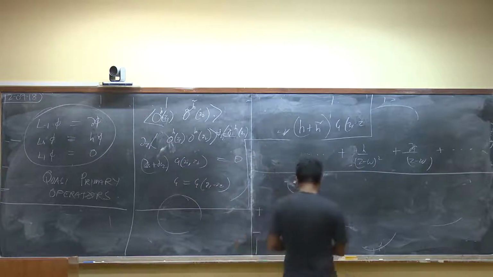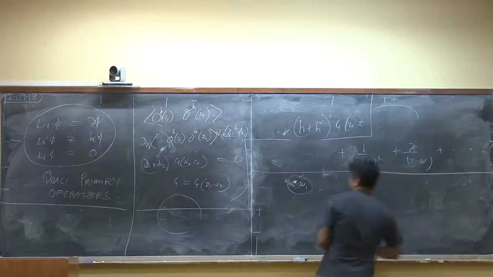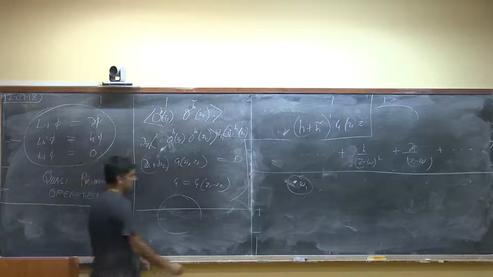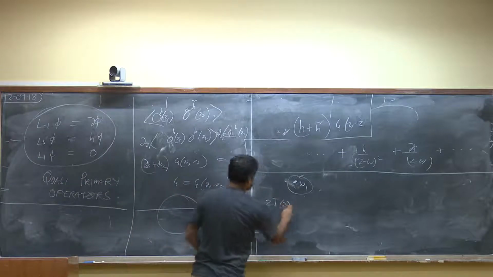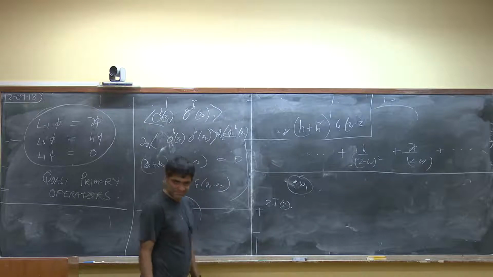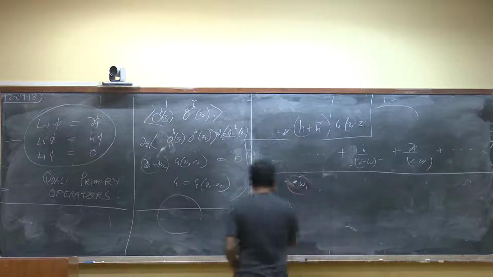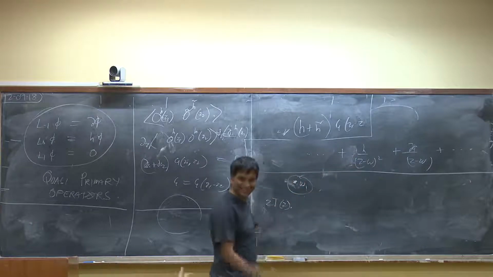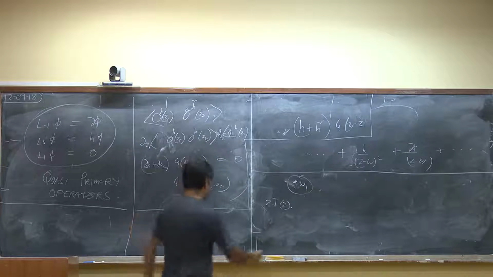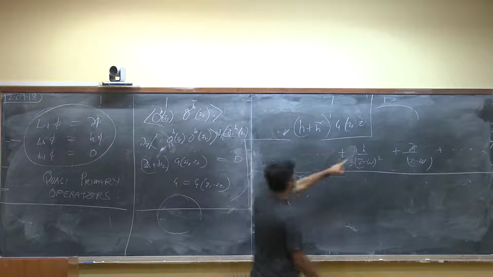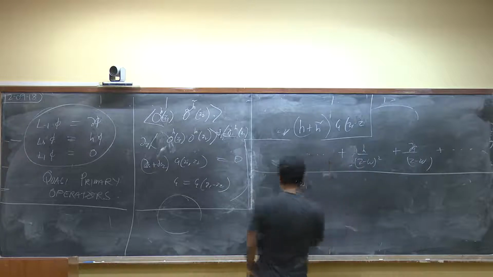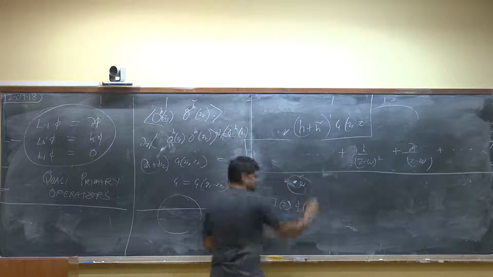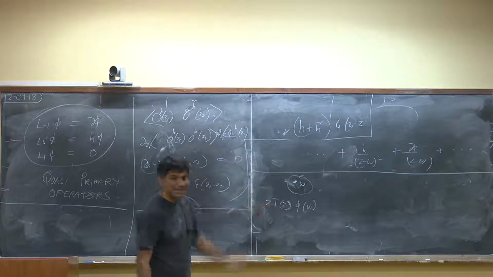Let's do it for the scaling, for instance. The current was Z Tz for the scaling operator, and we're supposed to take the residue of Z Tz with phi at W. I want to find the residue of the pole.